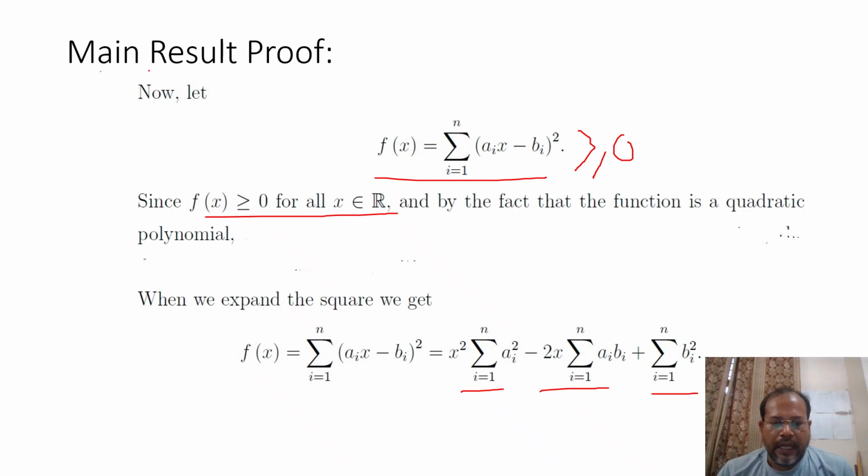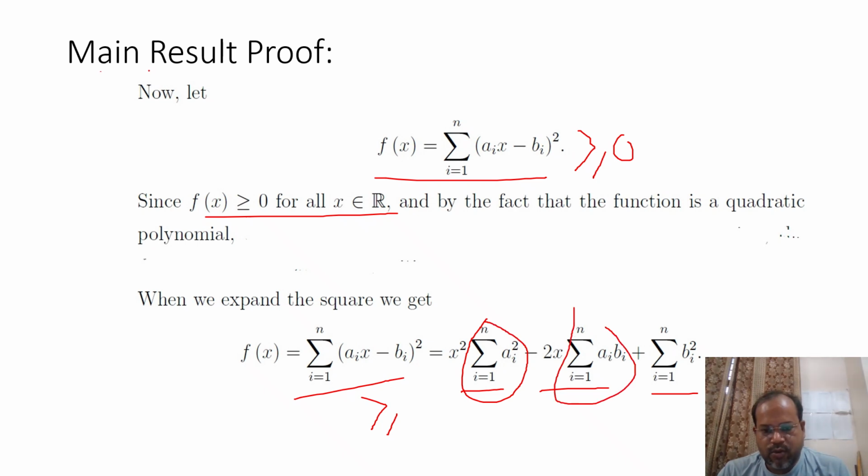Here you see, our expression is greater than or equal to 0, and we can treat this as a polynomial in x. The coefficient of x square is this term, the coefficient of x is this term, and the last is the constant.